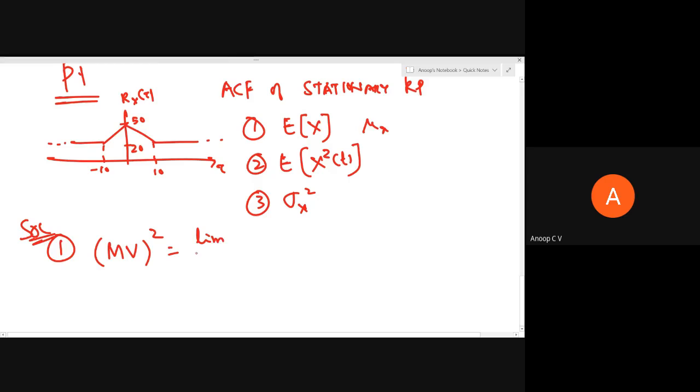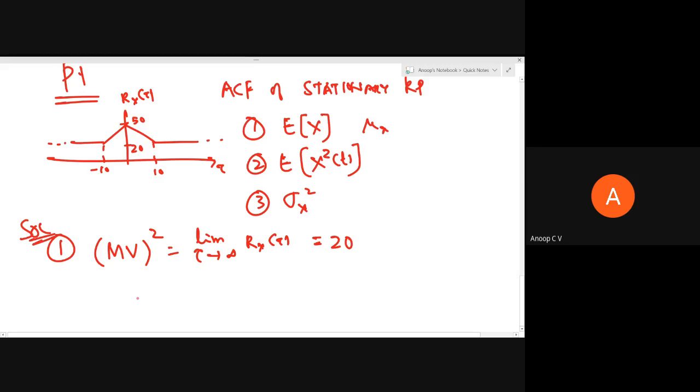It was limit tau tends to infinity Rx of tau. So in this case, as tau is tending to infinity, it is equal to 20. So from this given autocorrelation function, we can find as tau tends to infinity, Rx of tau is maintained at 20. So mean value square is equal to 20.